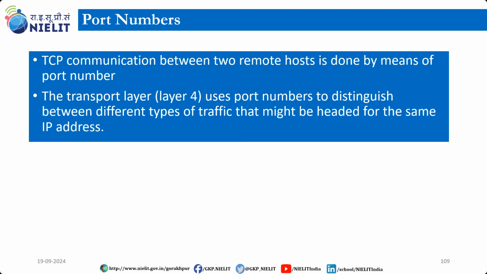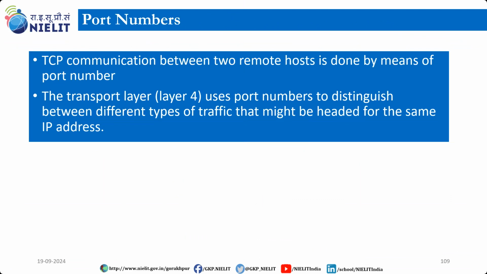If I am making a query to the DNS server, what is the IP address of yahoo.com? My computer is sending this request from some port on my machine, and it is sending the request to the target machine's port number. So end-to-end connection happens with the help of this port number.